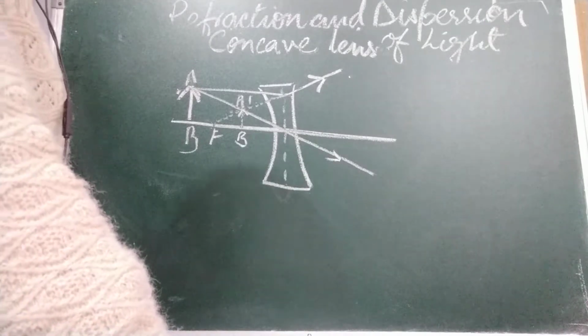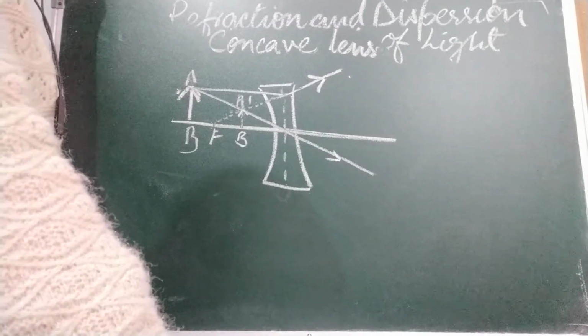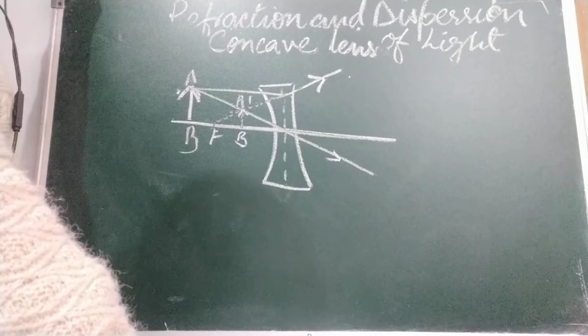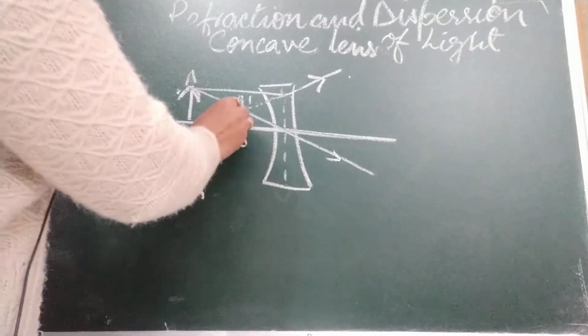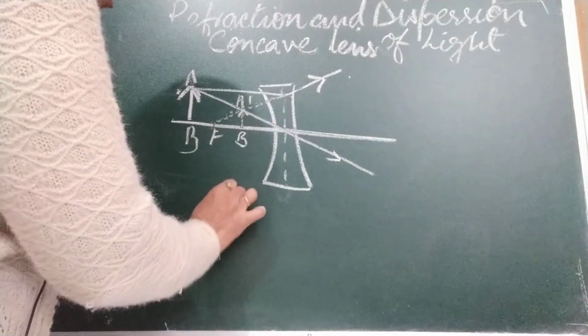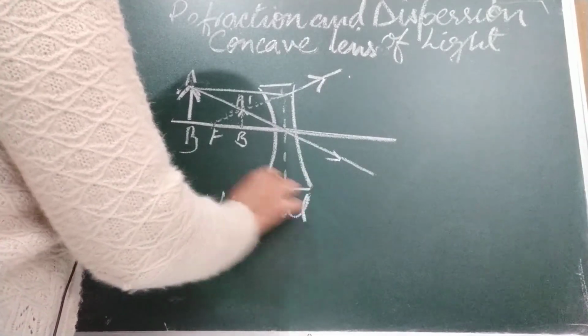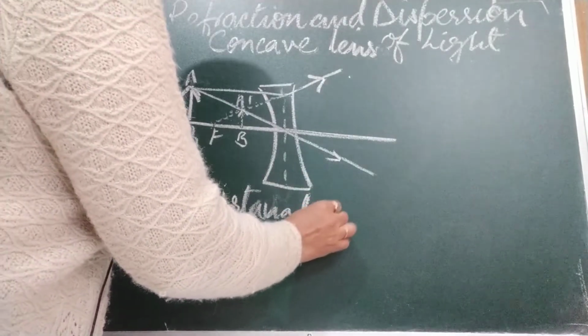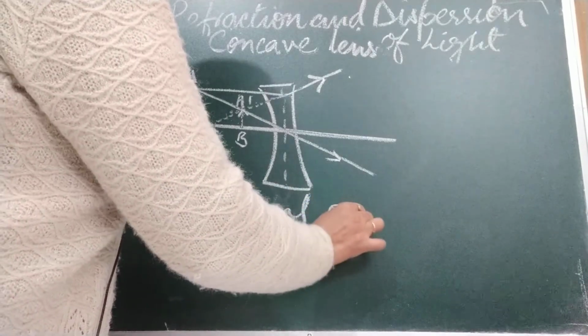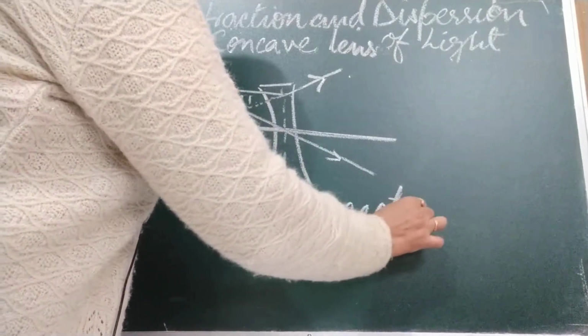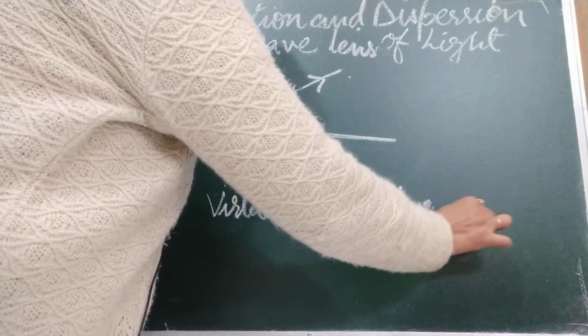So no matter where the object is kept, a diverging lens always forms a virtual image. The image is virtual, smaller in size, erect.